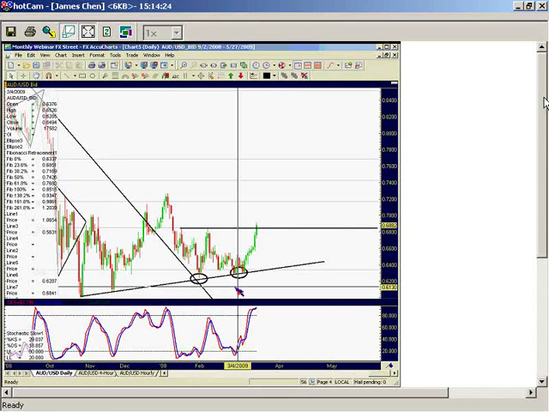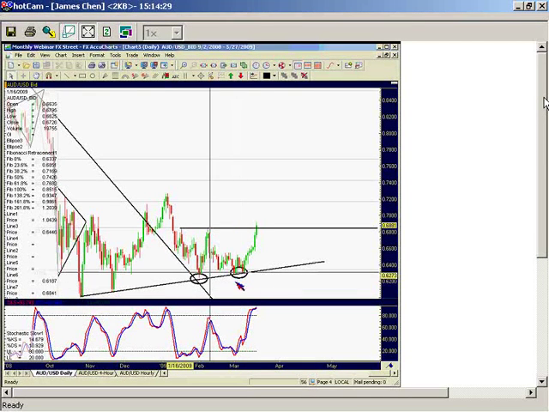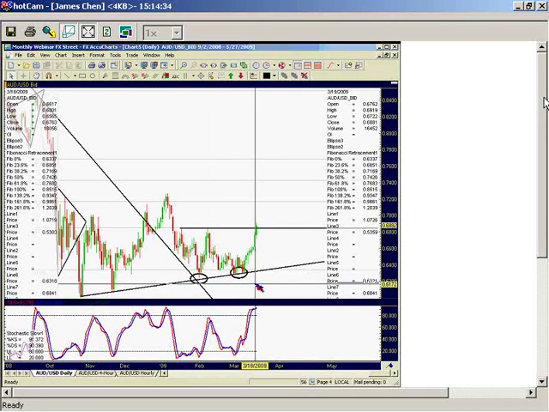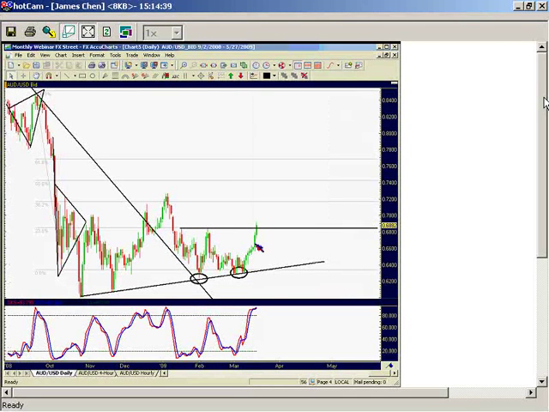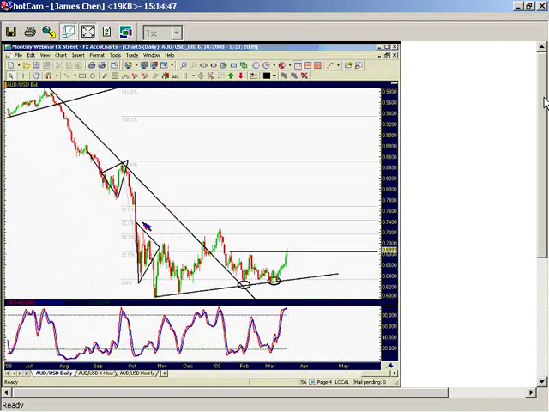Same thing here, an emergence from oversold, and also adhering to the uptrend line. Right when it hits, you would have gotten out a little bit early in this case, but that's a medium-term trade nonetheless. So that's my Aussie dollar, a little bit of long-term, a little bit of medium-term.